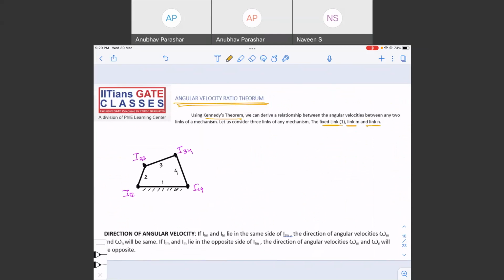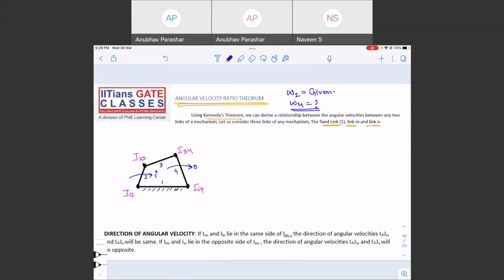Suppose link 2 is the input link and link 4 is the output link. You know the velocity of the input link. Omega 2 is given, so you need to find out omega 4, the velocity of the output link.